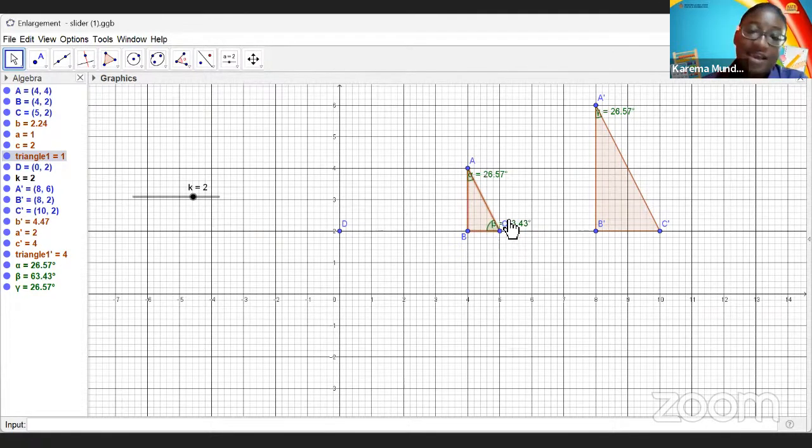Is there anything else that we can say about the line segment AB and the line segment A prime, B prime? We already said the lengths have been doubled. Is there anything else that we can say about line AB and line A prime, B prime?